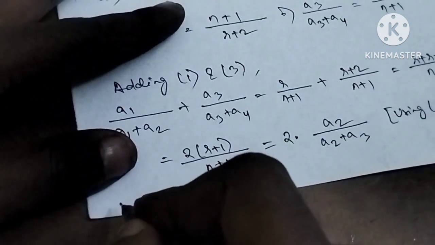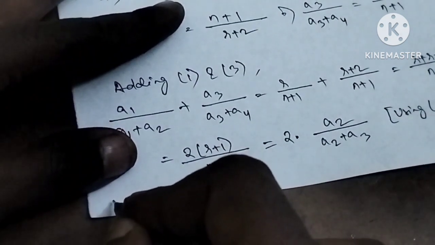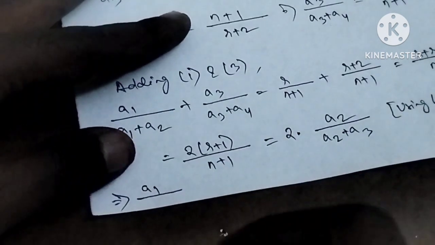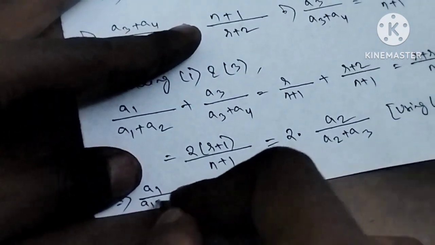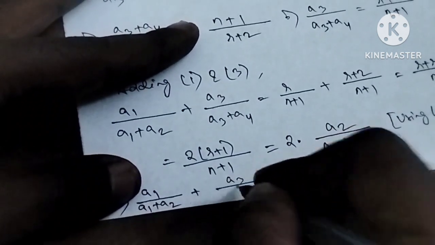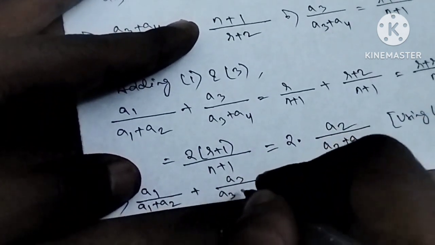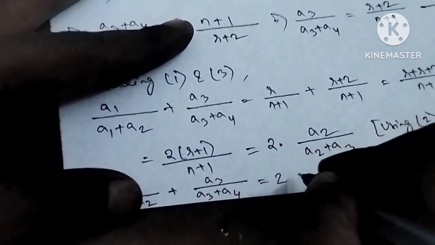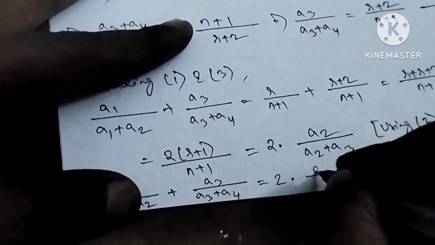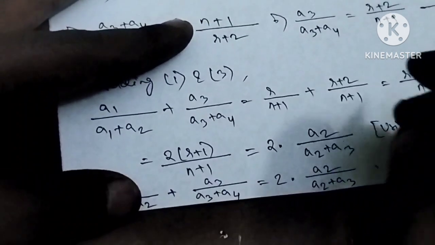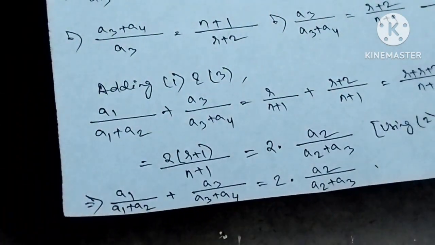So from here we can clearly write that a1 by (a1+a2) plus a3 by (a3+a4) is equal to 2 into a2 by (a2+a3). So this is what has been asked us to prove.